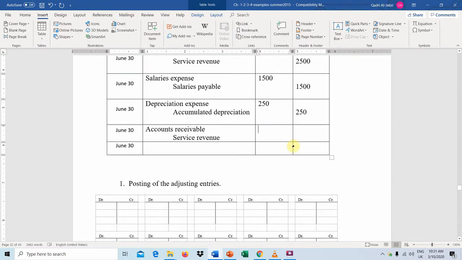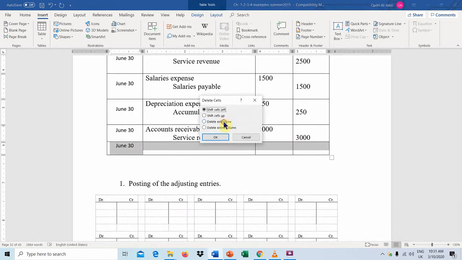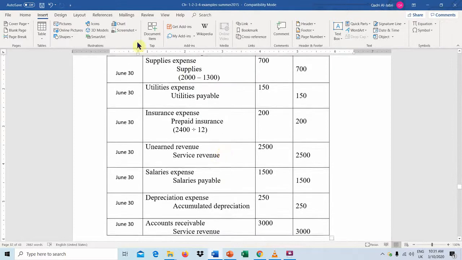So I will debit 3,000 and credit 3,000. So these are the adjusting entries for this question. Starting with supplies, one for utilities expense, insurance expense, the unearned revenues, accrued salaries, the depreciation on the equipment, and finally the accrued revenues, as you can see.